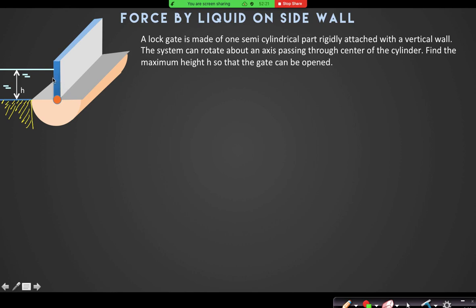Sir, if it rotates clockwise, will that water come out? That you need to understand. Simple one. If you draw the situation in clockwise and anti-clockwise direction, suppose this is the actual position.